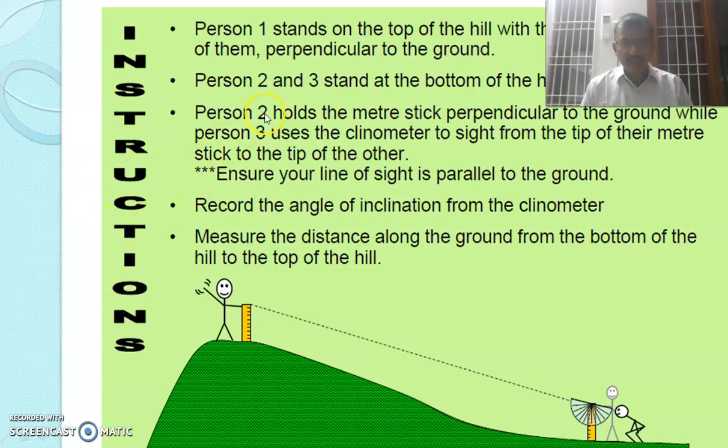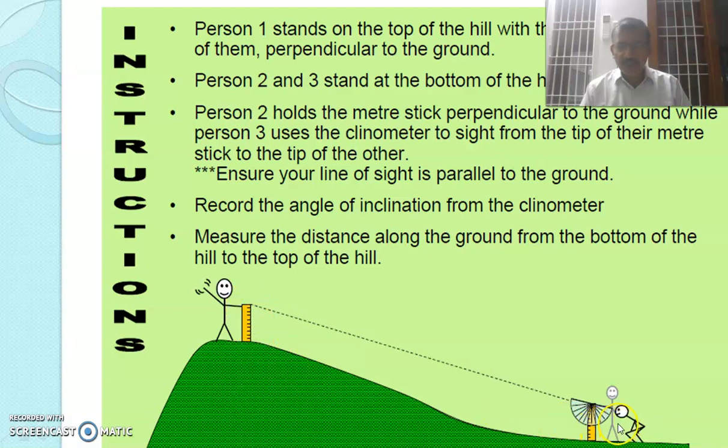So, the steps to find the reading. Person 1 stands on the top of the hill and holds a meter stick in front of them, perpendicular to the ground. It should be perpendicular.